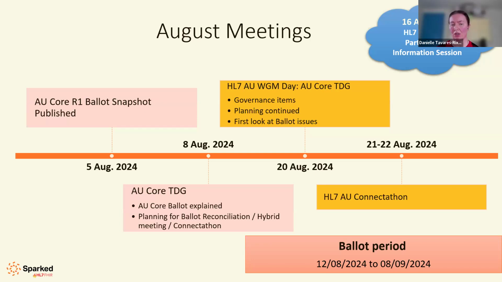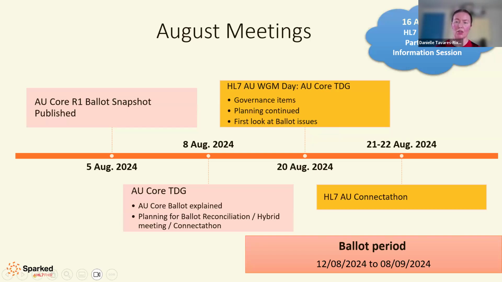Currently on the agenda are starting to go through any governance items we need to address in AU Core as we're looking to close out Release 1, more planning on how we close out Release 1 and when we want to start planning R2, and also a first look at those ballot issues. That's the intention for that session. Then the next day is the AU Core Connectathon, which will also be testing our ballot snapshot.